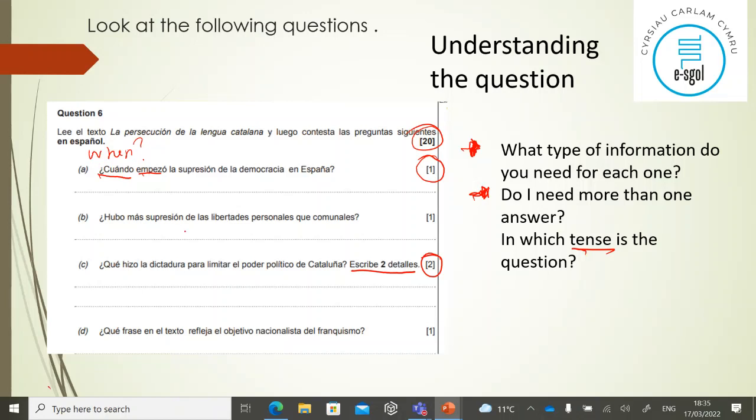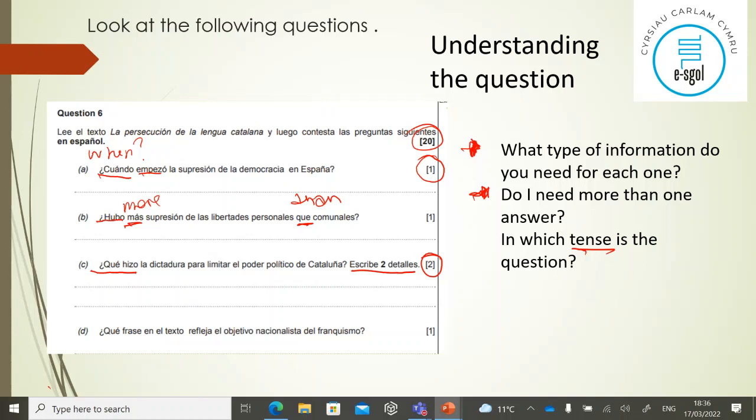Hubo más supresión de las libertades personales que comunales. Hubo, was there more suppression of the personal freedom rather than the communal one? Más que, more than. So this is a comparison. ¿Qué hizo la dictadura?